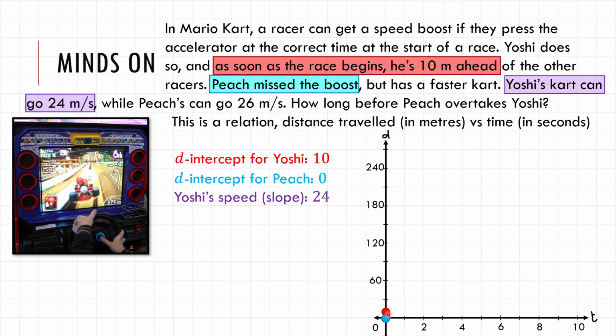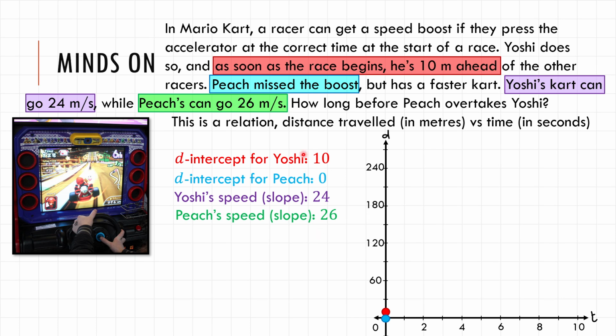So every time that the time increases by 1 second, Yoshi's distance goes up by 24 every single time. So if I go across to the right by 1 second, I have to go up 24. Whereas for Peach, every time 1 second passes, she covers 26 meters, so she would go up by 26.